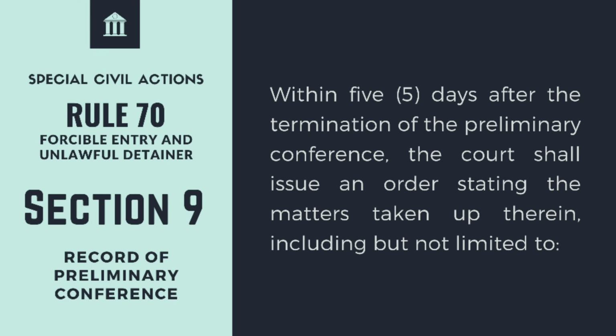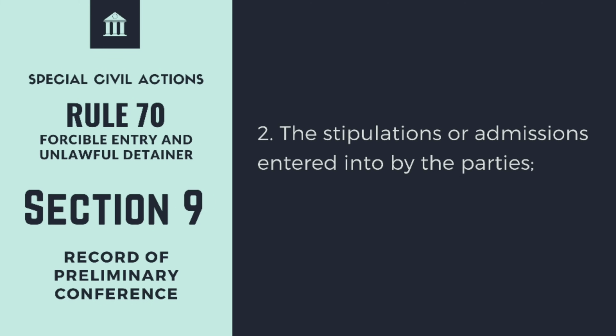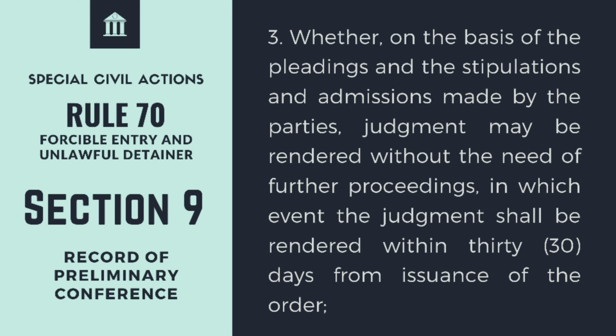Section 9. Record of preliminary conference. Within 5 days after the termination of the preliminary conference, the court shall issue an order stating the matters taken up therein, including but not limited to: 1. Whether the parties have arrived at an amicable settlement, and if so, the terms thereof. 2. The stipulations or admissions entered into by the parties. 3.